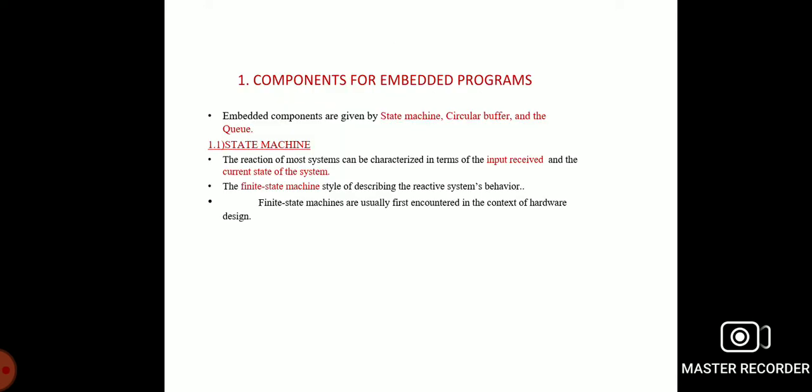Now today we are going to discuss the components of embedded programming. The embedded components are given by the state machine, circular buffer, and also the queue.